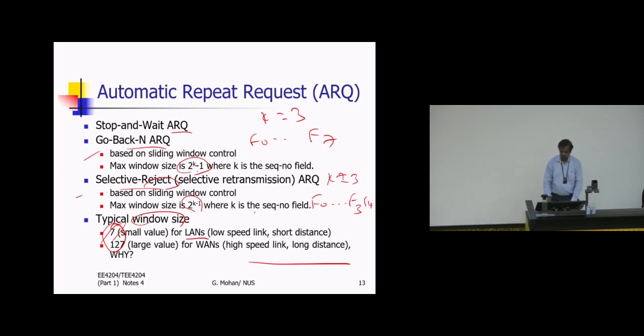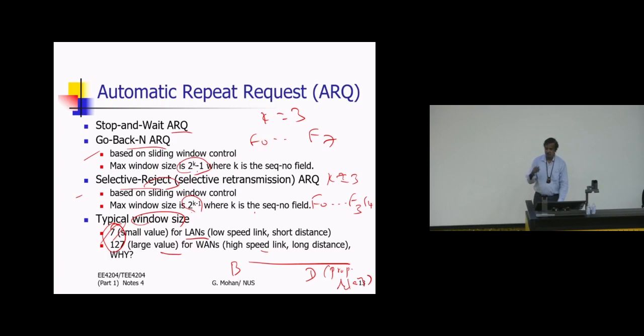Suppose it's a high-speed link, meaning B, a large bandwidth, and a long distance, meaning D, the propagation delay, is longer. If the data rate or bandwidth is quite high, in that case we should have a large value for the window.